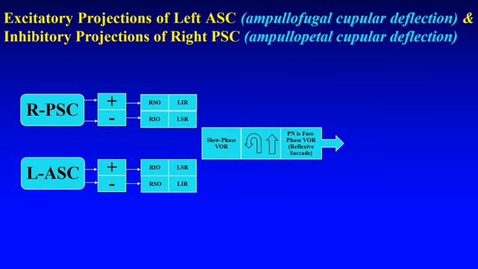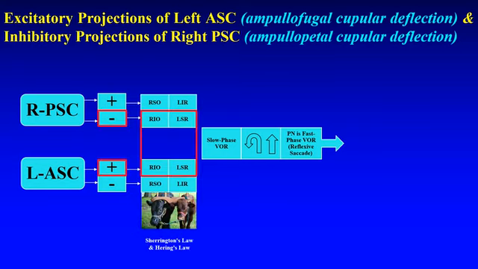So the excitatory projections of the left anterior semicircular canal, that is the ampulofugal cupular deflection, and the inhibitory projections of the right posterior semicircular canal are to the same pair of muscles, and they co-contract as per Sherrington's and Hering's law, generating a slow phase VOR which is upbeating and right torsional.